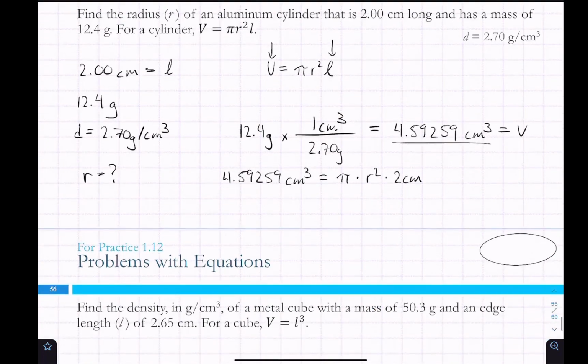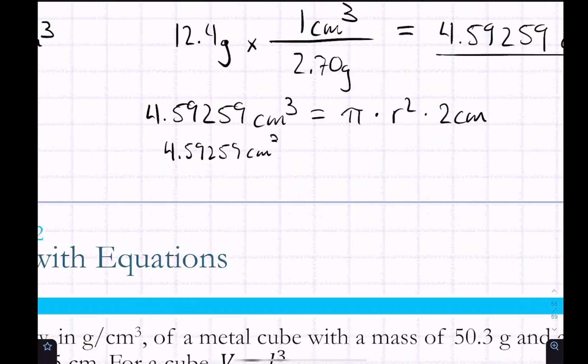All right, so now we just need to rearrange this. So we're going to get centimeters cubed divided by pi times 2 centimeters equals r squared.